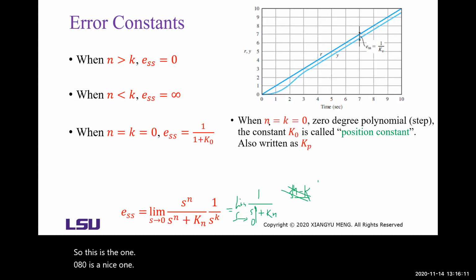When n is equal to k is equal to 0, the reference input is a step signal. It's a 0-degree polynomial. The constant K_0 is also called the position constant. Can also be written as K_p.